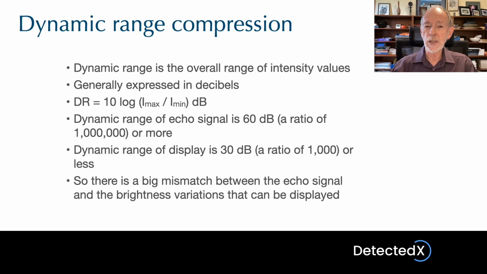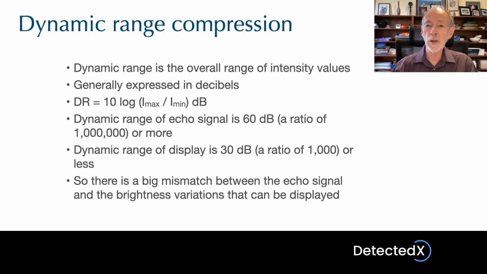Now, the dynamic range is measured by taking the ratio of the maximum intensity of the echo signal and dividing that by the intensity of the minimum echo signal. So we're dividing the largest by the smallest. That will just be a simple ratio, so that's just a pure number. Because it's such a big number and can vary so much, it's conventional to measure it in logarithmic terms using decibels.